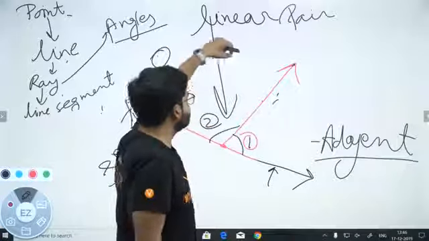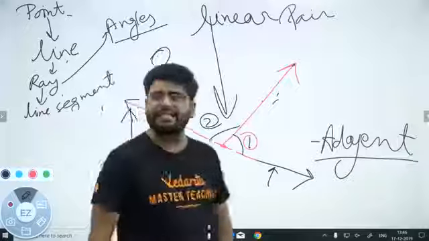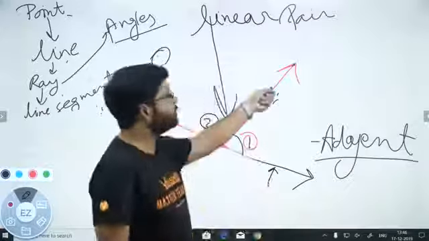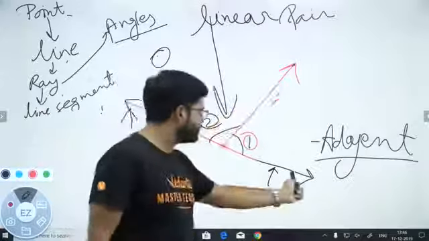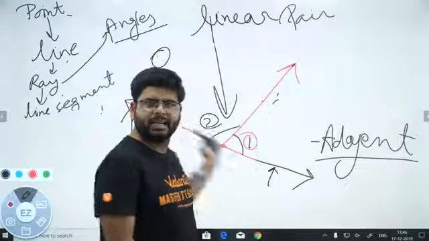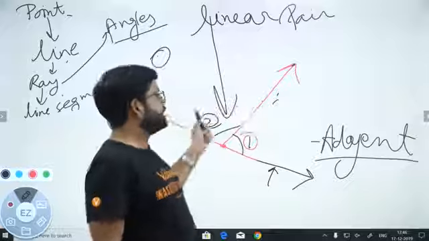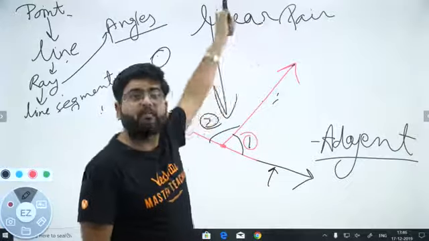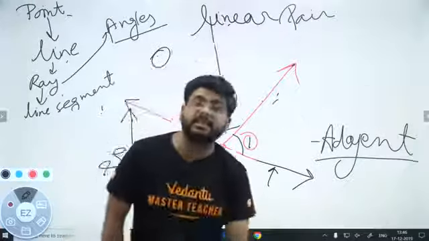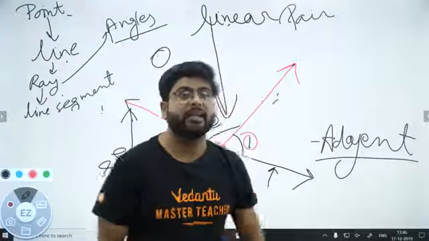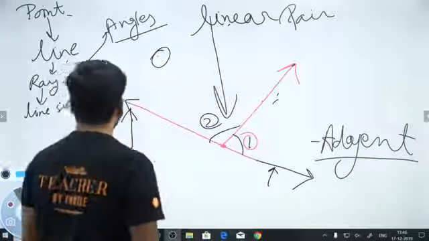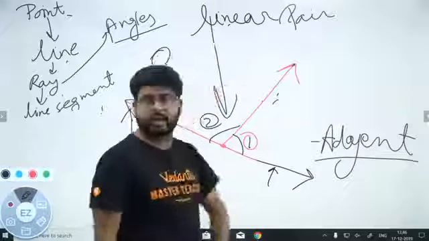But if I extend the opposite arm in such a way that the common arm is in the middle and the other two arms make a straight line, then that pair of adjacent angles is called a linear pair. Why? Because it is a pair of adjacent angles on a straight line. Clear, guys? So that is a pair of angles on a straight line.